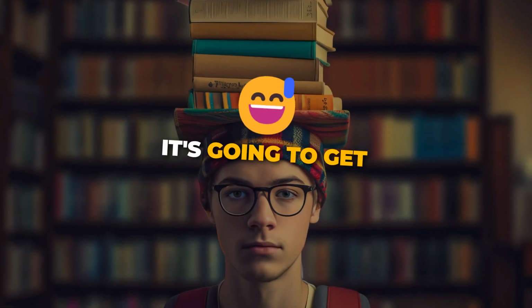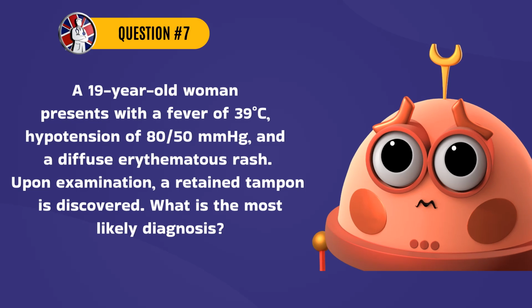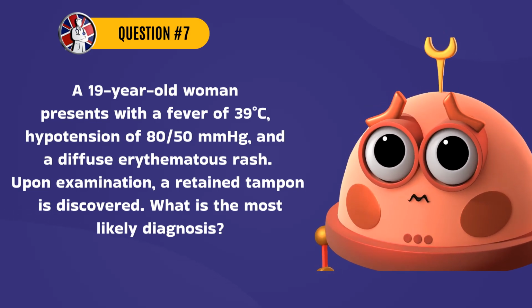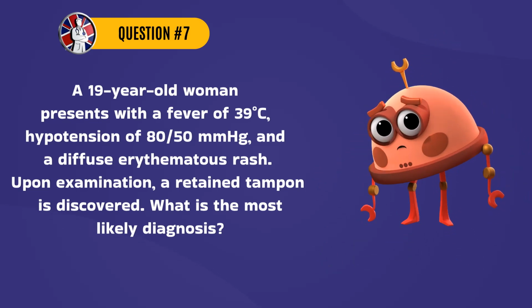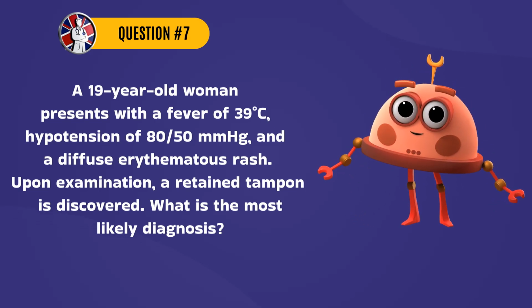Get ready. It's going to get harder now. A 19-year-old woman presents with a fever of 39 degrees Celsius, hypotension of 80/50 millimeters of mercury, and a diffuse erythematous rash. Upon examination, a retained tampon is discovered. What is the most likely diagnosis?